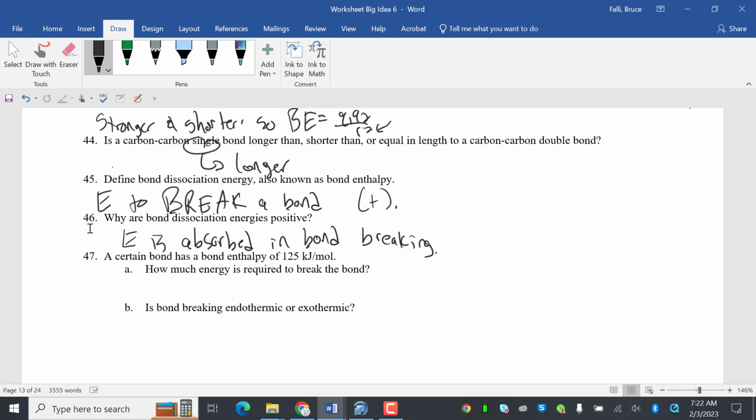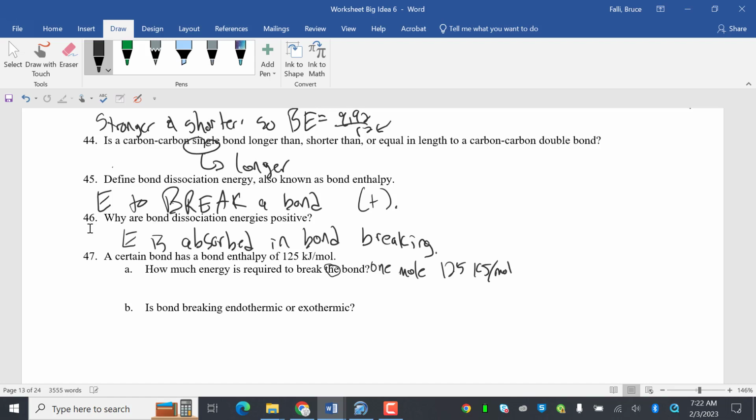A certain bond has a bond enthalpy of 125 kilojoules per mole. How much energy is required to break the bond? If I assume that is 1 mole, that is 125 kilojoules per mole, but I asked a bad question here.